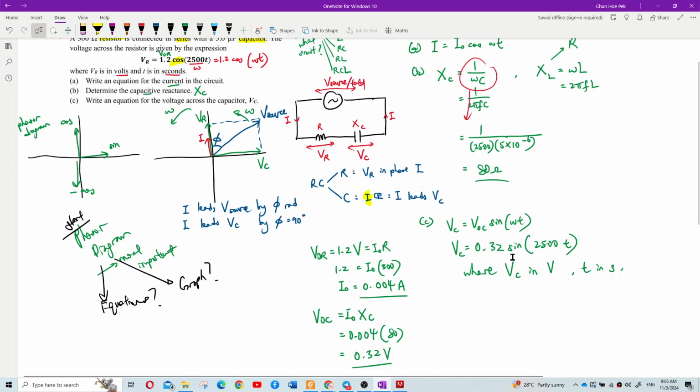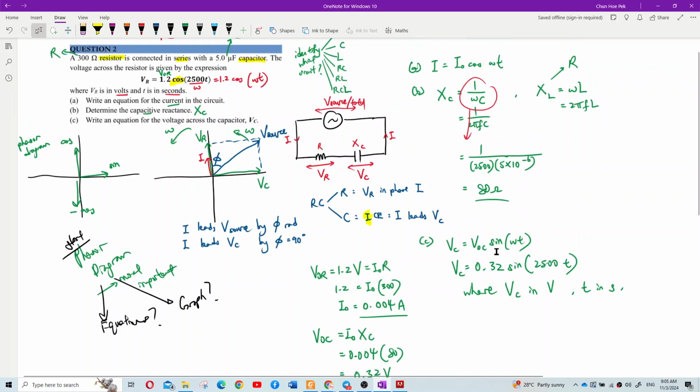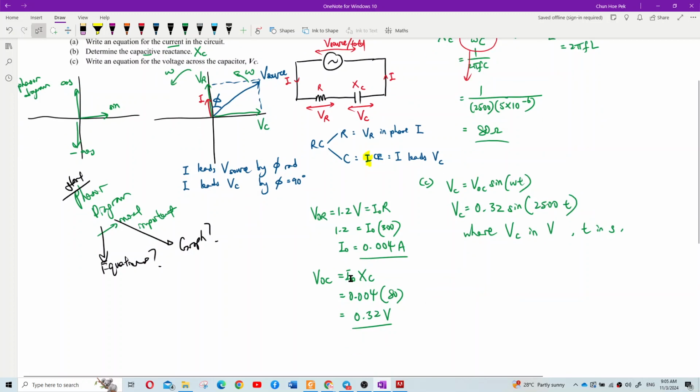Voltage in volt and time in second. Okay, that's it, you got the answer. You must write this. Units must be there, units must be there.